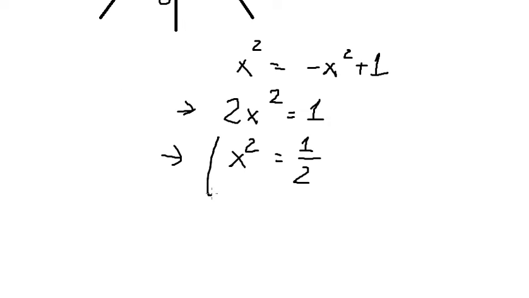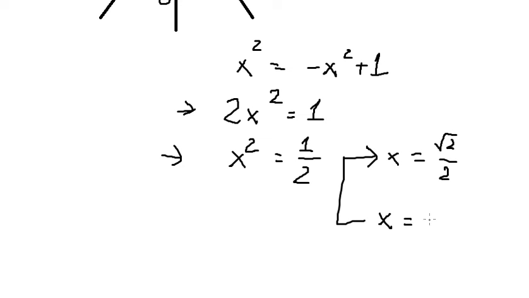And now we need to find the solution of this one. And we will have x equals the square root of 2 over 2, and x equals negative the square root of 2 over 2.